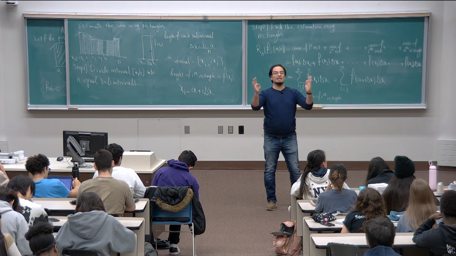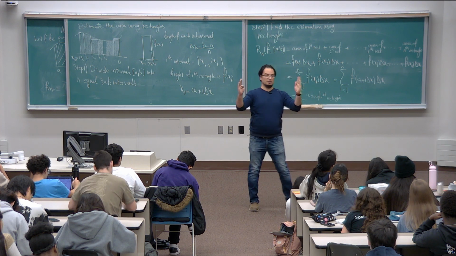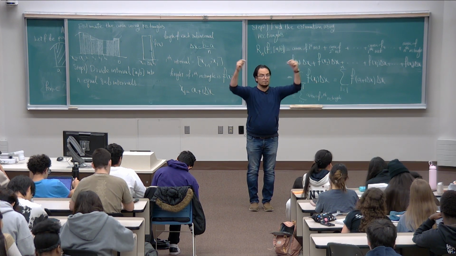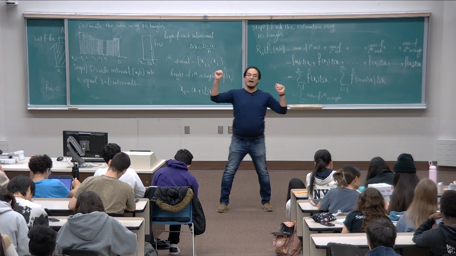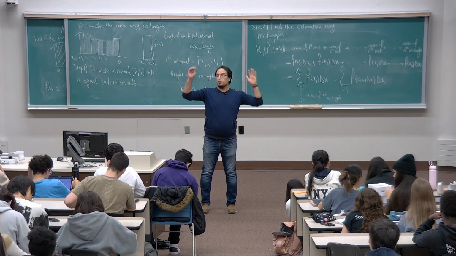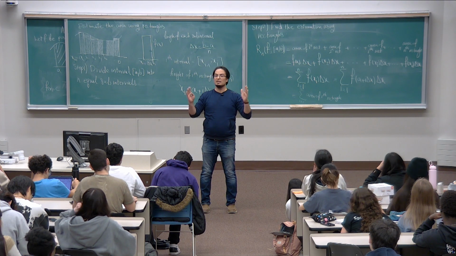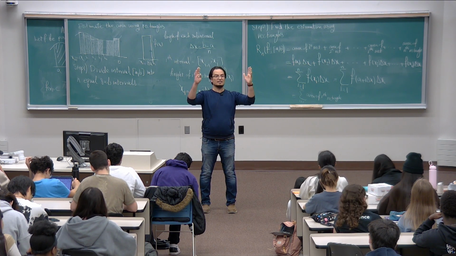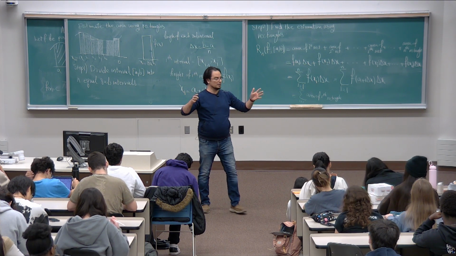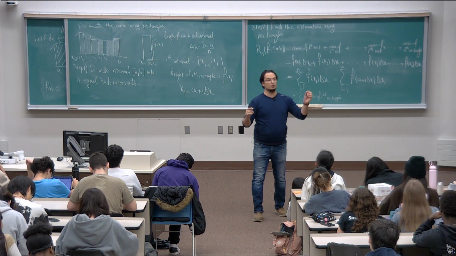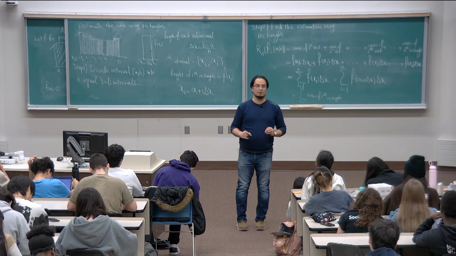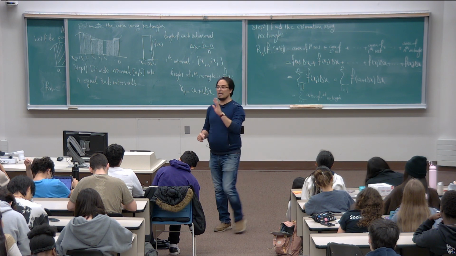If I divide it into 100 subintervals, then I will get something in terms of 100. If I divide it into 1,000 intervals, then I will get something in terms of that 1,000. So by changing the number of subintervals, my number will change. Okay? This is the end of estimation.